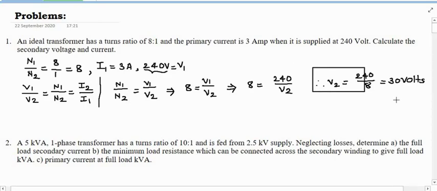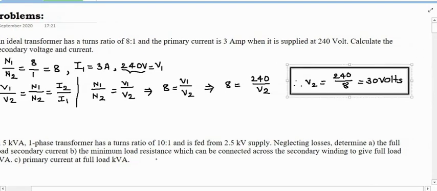So in this way we got the secondary voltage V2, right?